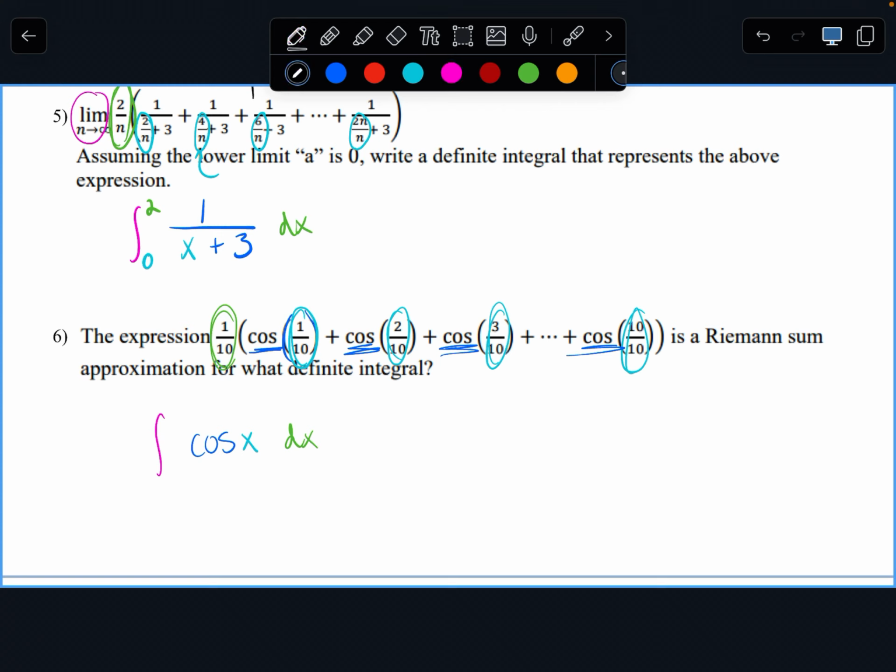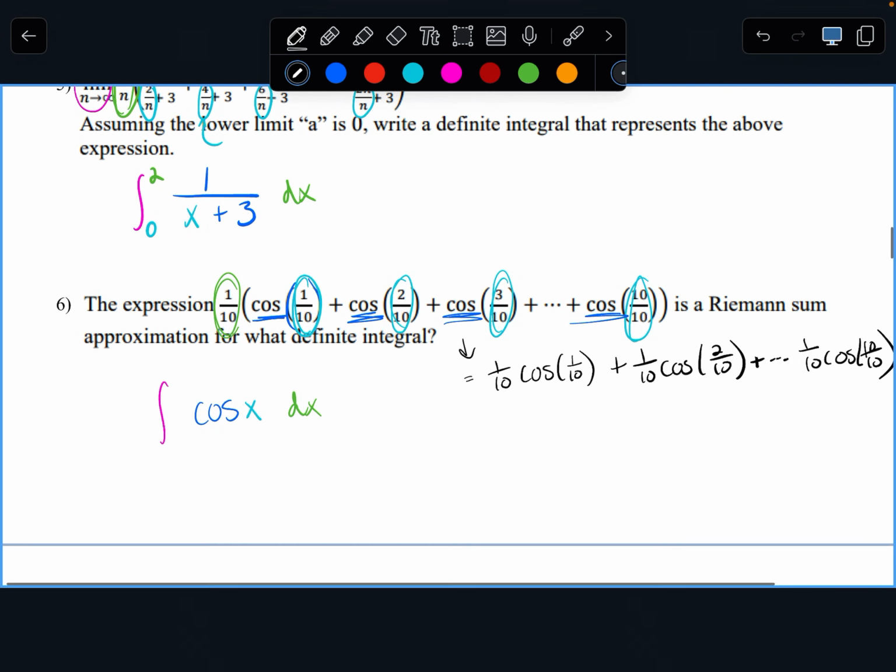If you were to distribute it out, it would be 1/10 times cosine 1/10, right? And then plus 1/10 cosine of 2/10, dot, dot, dot, 1/10 times cosine of 10/10. So think about what your dimensions are going to be. We're not adding to the 1/10, it's just staying the same.